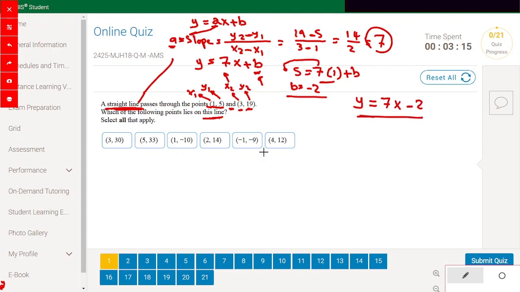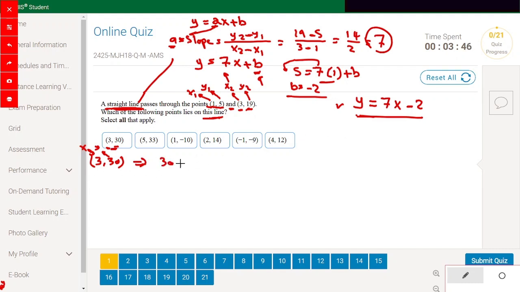Now let's take these points and substitute in this equation. If the equation matches for this x and y, that means the point is a solution, so it will be the correct answer. So now let's take the point (3, 30). 3 is the x and 30 is the y.